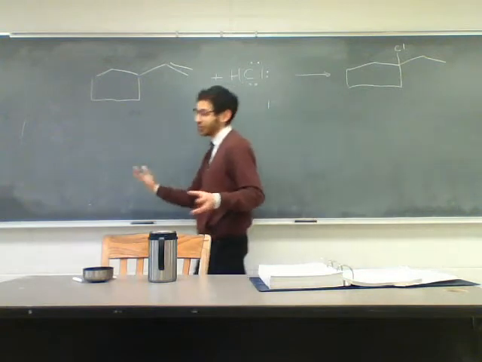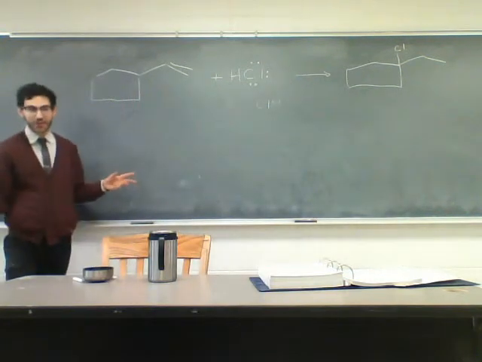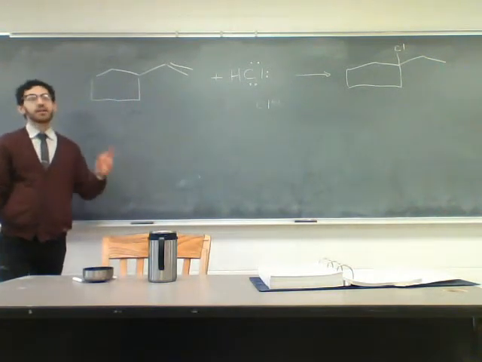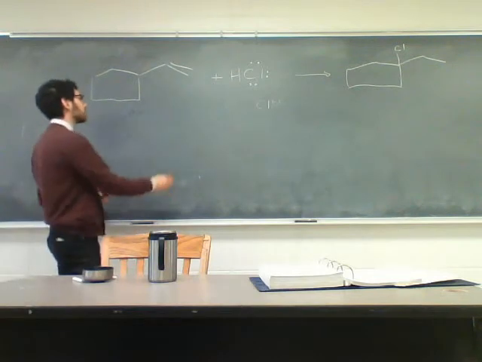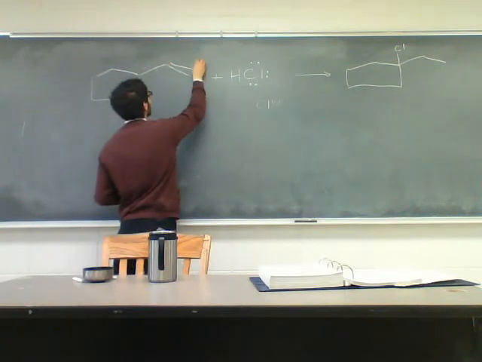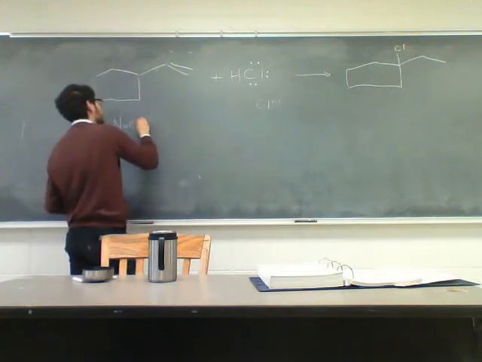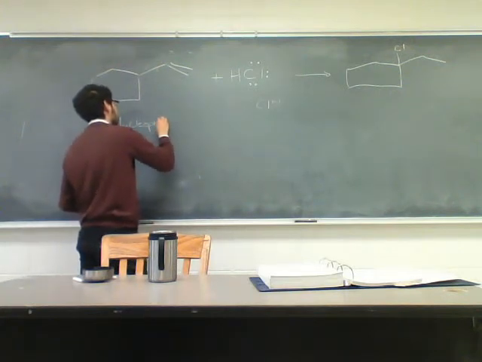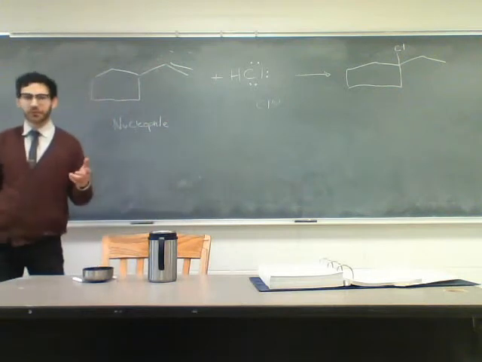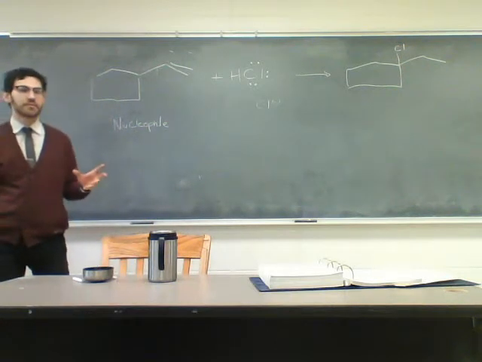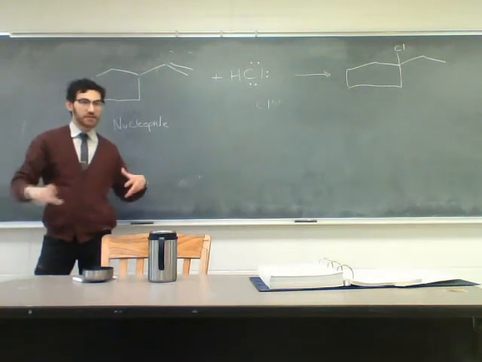The other thing, the double bond. The double bond's going to attack the H. Correct. The double bond specifically is our nucleophile. And so nucleophiles are groups, functional groups usually, that have an abundance of negative charge.